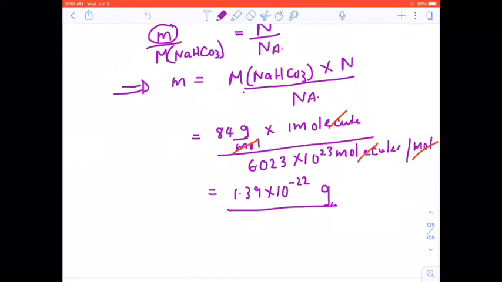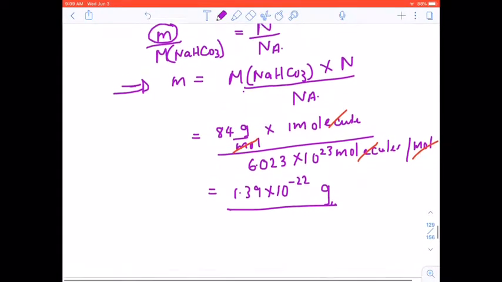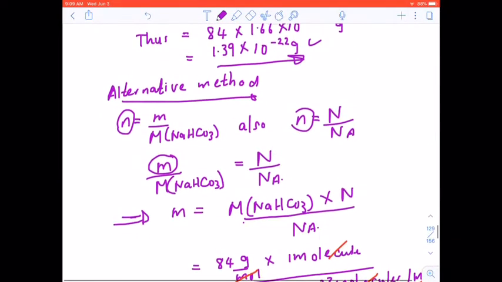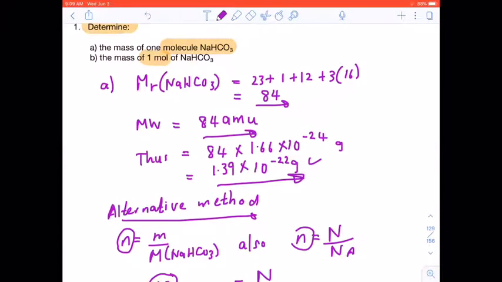But if we look at the first one, and if you understand what you're doing conceptually, you didn't have to go through all this. And the next one says, what is the mass of 1 mole of the substance?